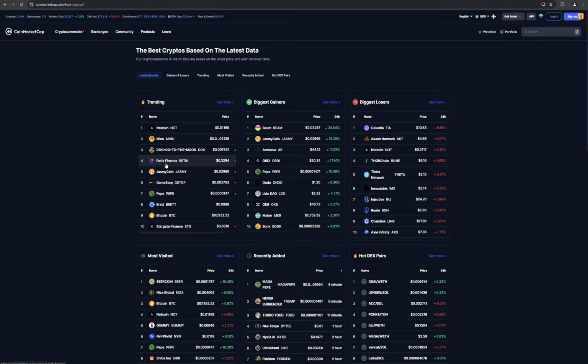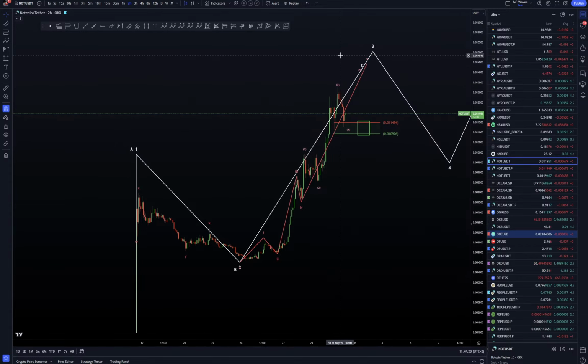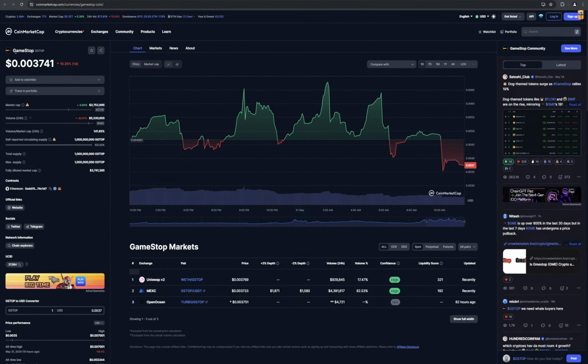RETIK is still trending. The fuck? GameStop. Oh, what? Wait. Wait. This was the thing that was doing some pump and dumps, no, in some group. I can't remember. GameStop, but that was a stock normally.